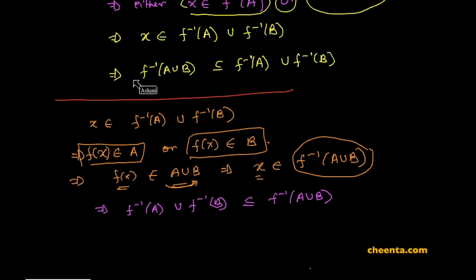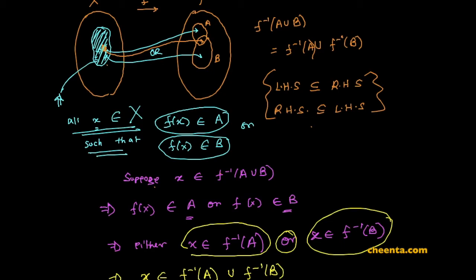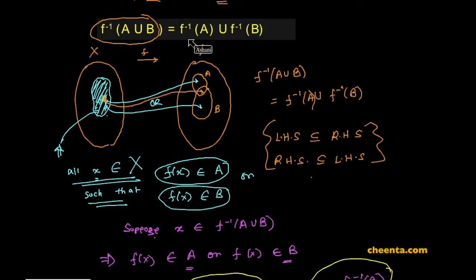Okay, so combining these two results, we now have exactly what we wanted. That is, f inverse A union B equals f inverse A union f inverse B. Now what you have to understand is what is more important than this particular proof is the essence of it.